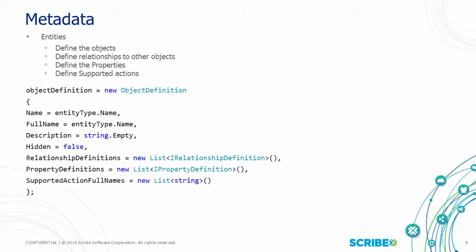Again, this code is very simple, and you can see it here on my screen. Entities define the objects, the relationship to other objects, the properties, and the supported actions. So this screen here is the object definition: name, full name, description, whether or not it has relationships, whether or not it has properties, and the supported actions. Supported actions are going to be query, update, delete, those types of things.